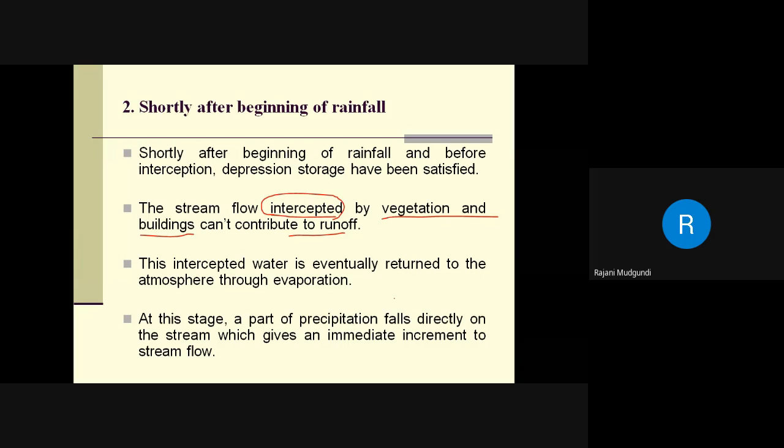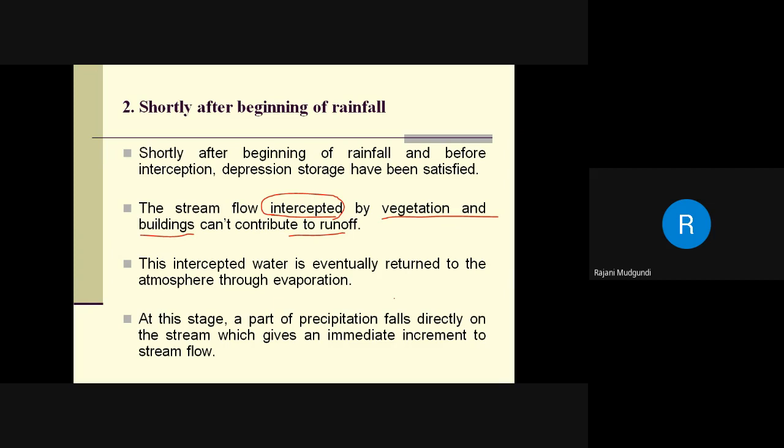This intercepted water is eventually returned to the atmosphere by evaporation. In the initial stages, when the temperature is still considerably high but the rainfall is occurring, the intercepted water will directly evaporate back to the atmosphere.